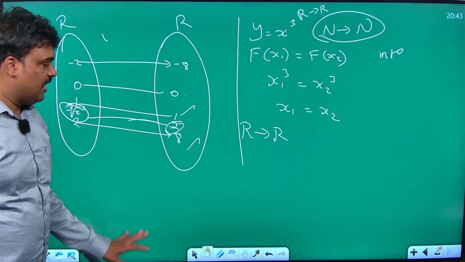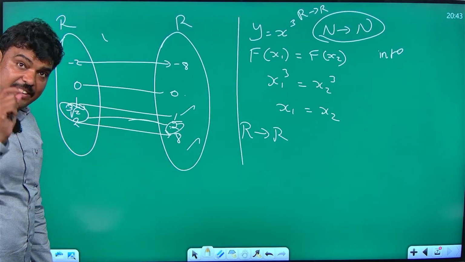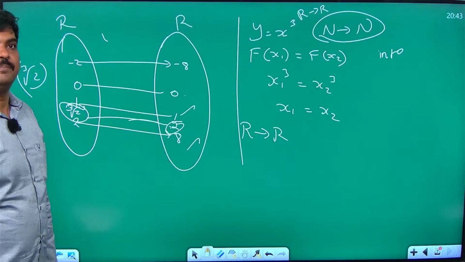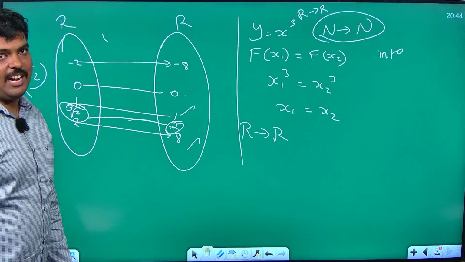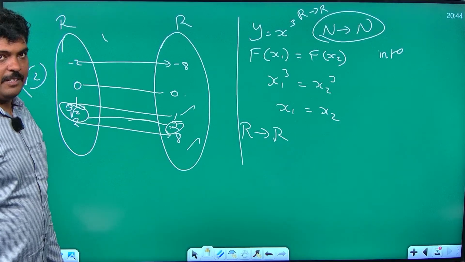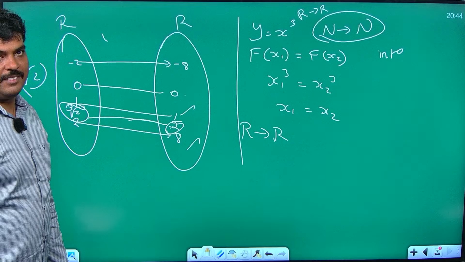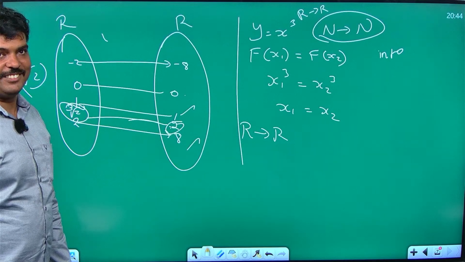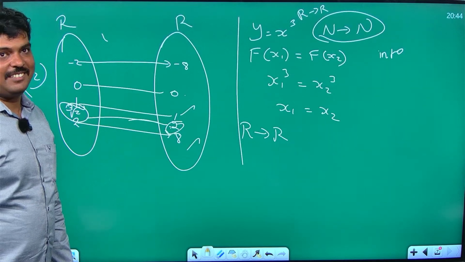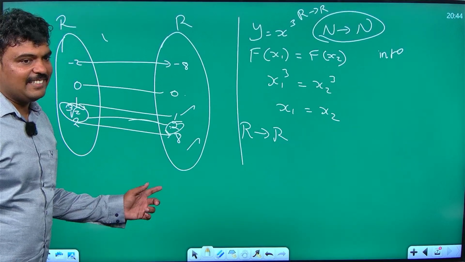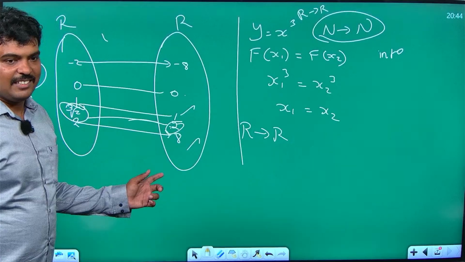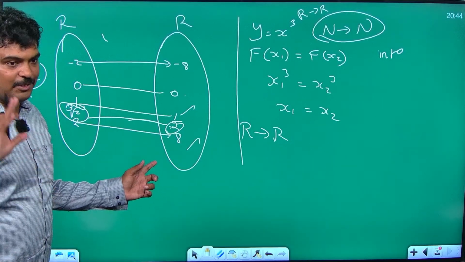Okay, sir. Can you say which number will not be mapped? You say it is not onto, so think and tell me. Which number do you think will not be mapped? Okay, people who understood will know.